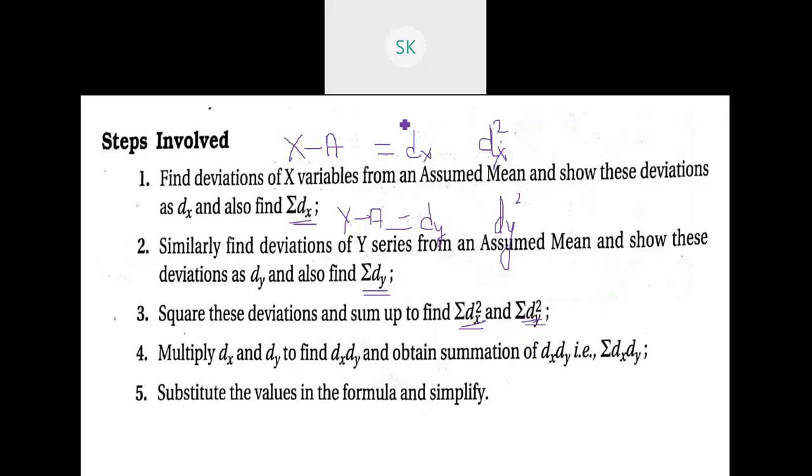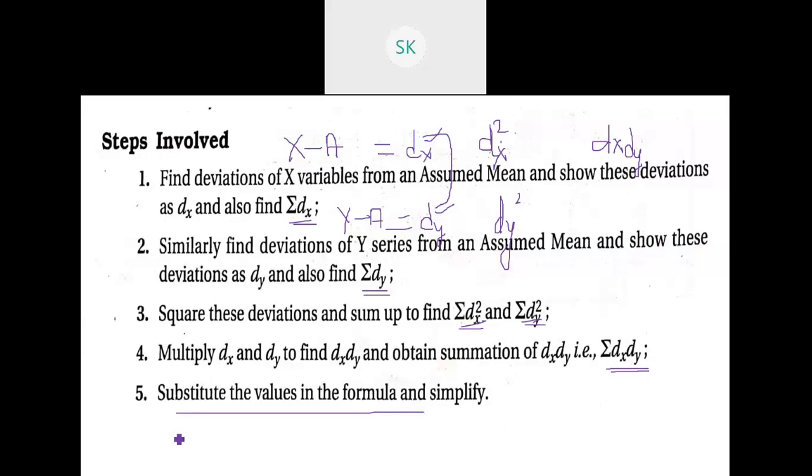After this, you have dx and dy. Multiply these two, dx into dy, and when you add all of these you get summation dx dy. Once you find all these values, you use the formula we saw in the previous slide and simplify the numbers.